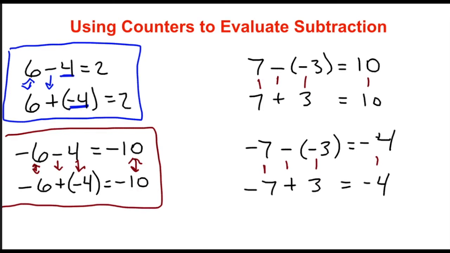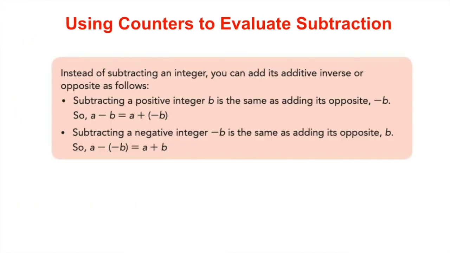What this actually shows us is our rule for subtracting integers. Instead of subtracting an integer, we can rewrite that as its additive inverse. Or what that means is we could rewrite it as adding the opposite.